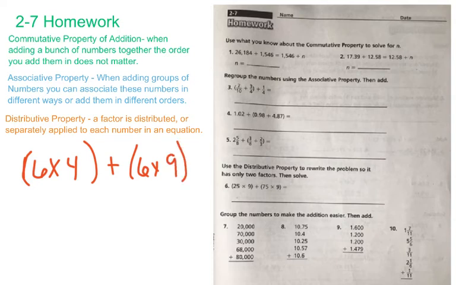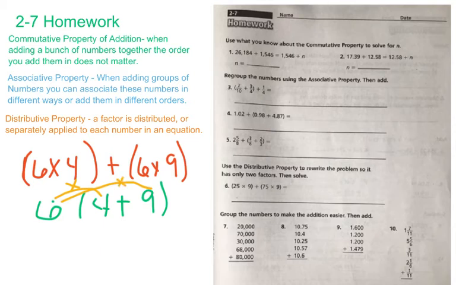What they mean by distributive is we're taking a factor and distributing it across the problem, multiplying it separately to each number. So writing it with the distributive property is 6 times the quantity 4 plus 9, and this is the distributive property because you are going to distribute that 6 to the 4 and to the 9.